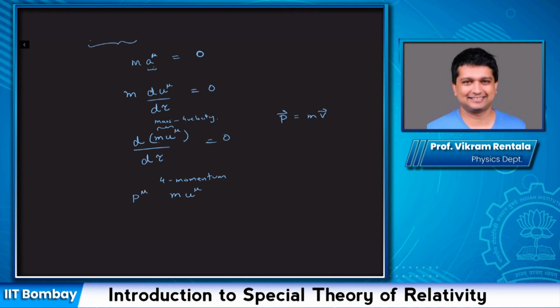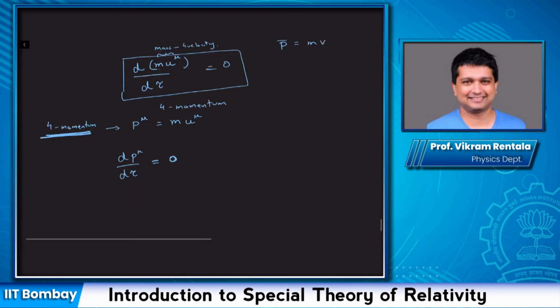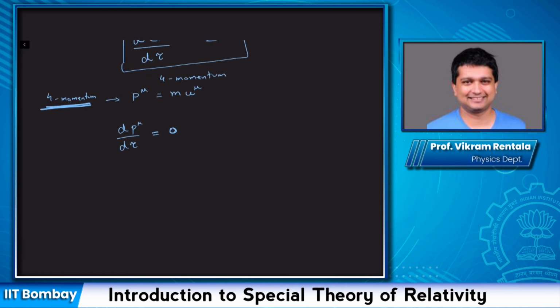So this is what we call 4 momentum. And what we see is that this generalized guess for Newton's laws would tell us that dp mu d tau is 0. So if we solve this equation, it tells us that the 4 momentum is constant or is conserved.